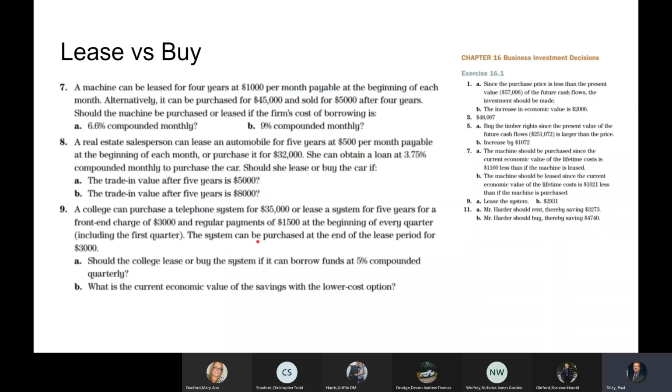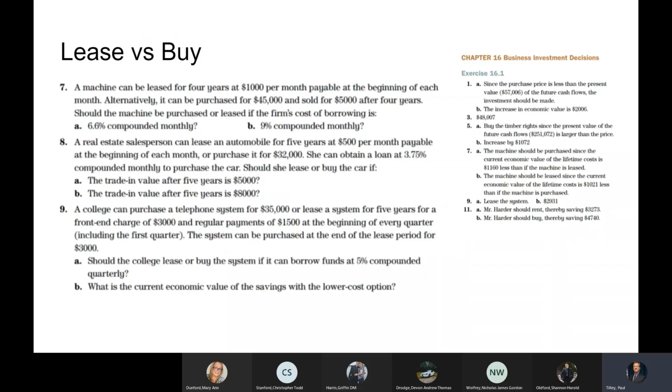So in this particular example right here, we looked at number 7 the other day. A machine can be leased for 4 years at $1,000 per month at the beginning of each month. So that, by definition, is an annuity due, and it's monthly payments for 4 years.